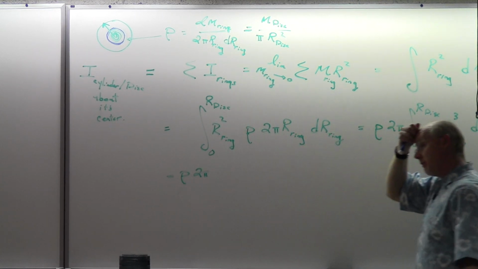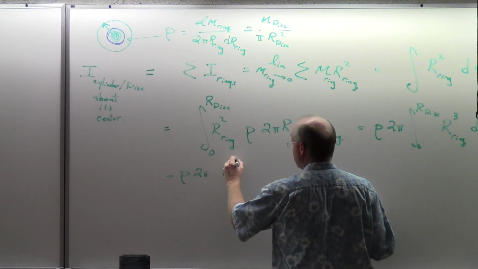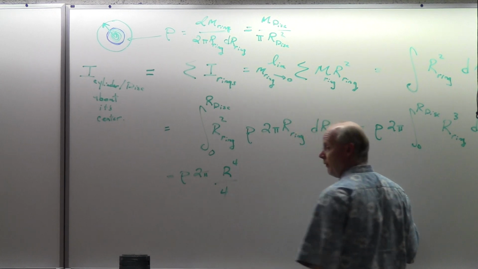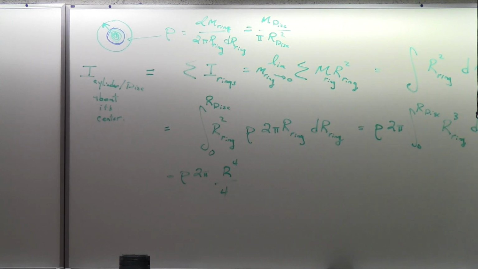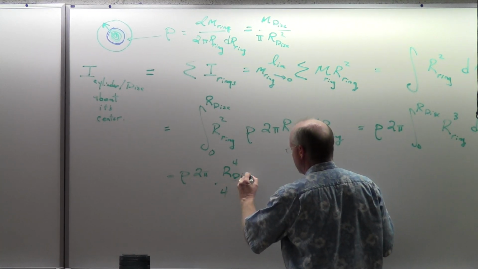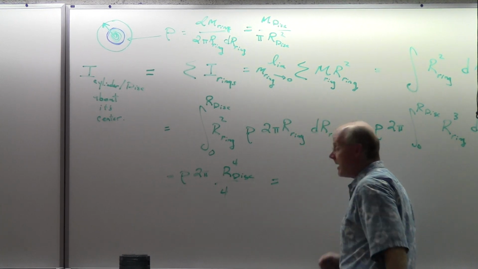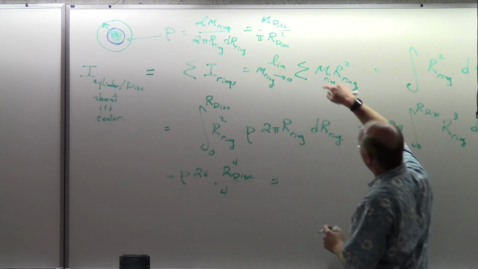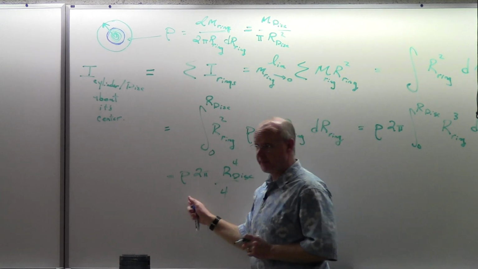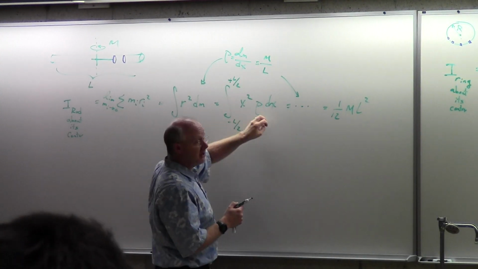And so that is just an integral of a polynomial. And I know you know how to do the integral of a polynomial. That would be then r to the 4th over 4, right? And then we would evaluate it from 0 to radius of disk. So when we substitute that in, we get that. And now we can make the final step, which you've already helped me with. Couldn't we get rid of density? And so just like we used density here to go from a dm to a dx, we did the same thing.